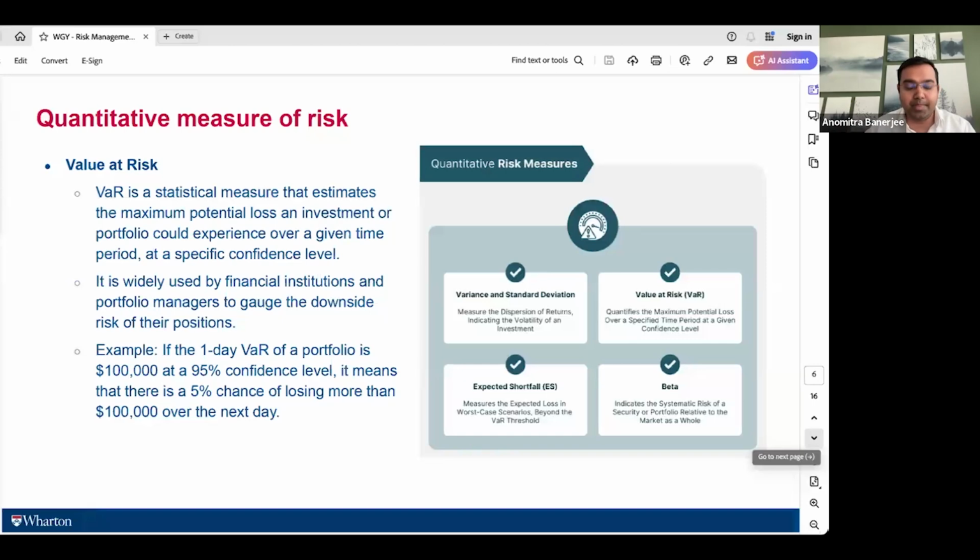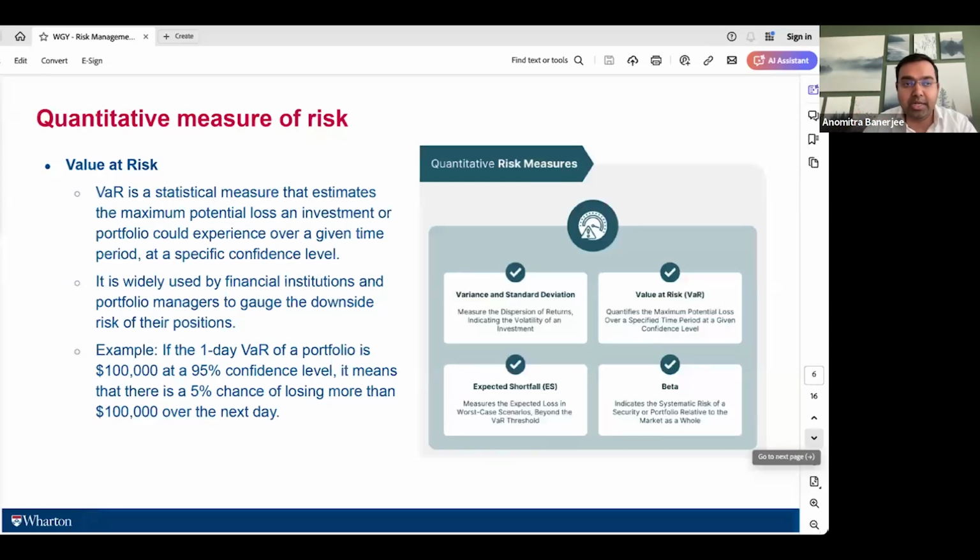So it's based on historical data. When you look at the historical data, you understand how your portfolio would be doing the next day. For example, if your portfolio has 10 stocks, what people normally do is look at how the 10 stocks have done over a 3-month period, a 6-month period, a 2-year period, a 5-year period, and then create a statistical model where they say that at this confidence level, the VAR of the portfolio is X amount.